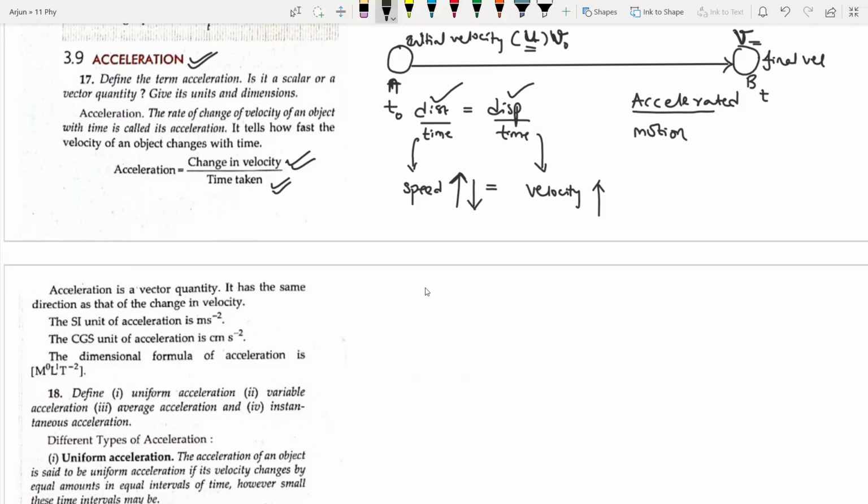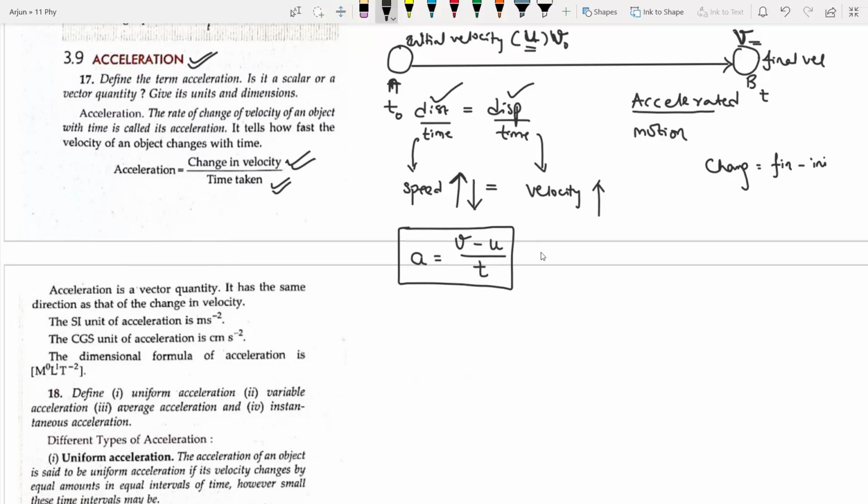Whenever you find the word change, you take it as final minus initial. So acceleration a is equal to change in velocity by change in time, that is, final velocity v minus initial velocity u, upon the time taken t.